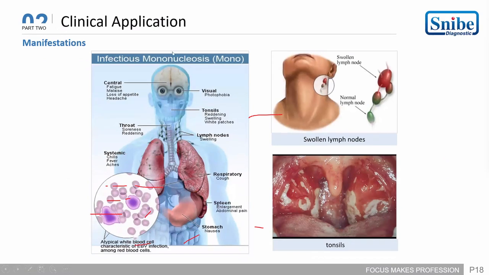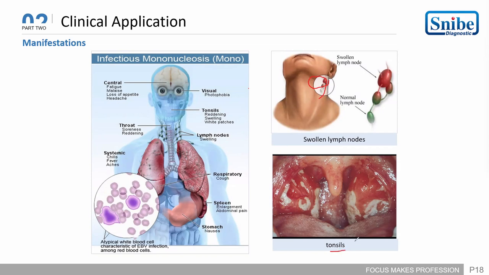If we talk more about the manifestations of infectious mononucleosis, you can see photophobia, central fatigue, malaise, loss of appetite, headache, throat soreness, reddening, and swelling of the lymph nodes and tonsils may occur during this infection.